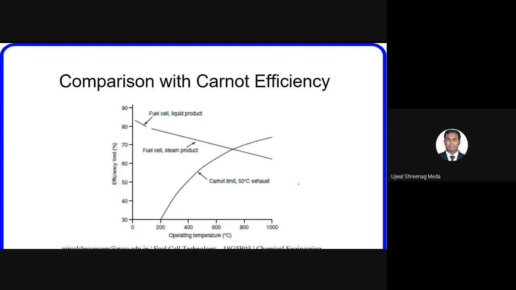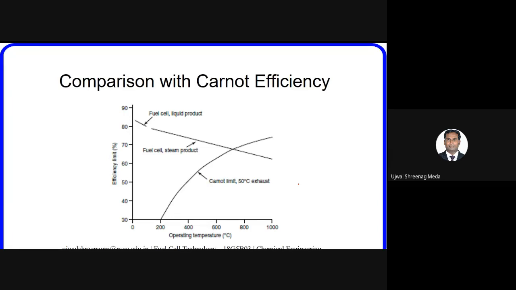So in case of Carnot efficiency, with increasing operating temperature, the efficiency increases. However, in case of fuel cell, the efficiency of the fuel cell decreases with increase in temperature.